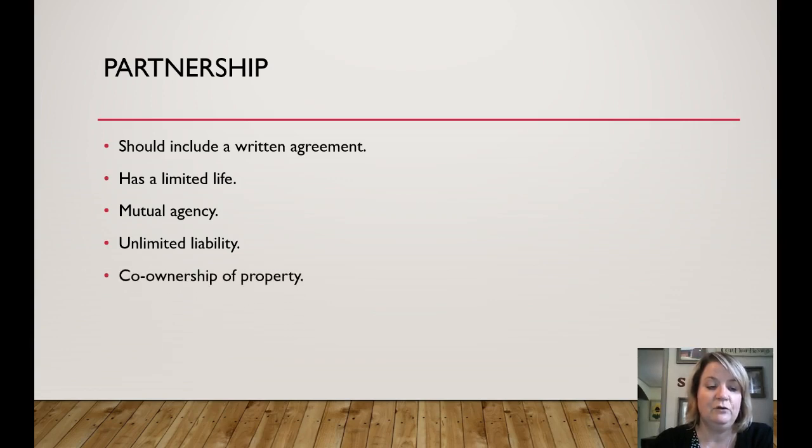They have co-ownership of the property. There is no partnership income tax. Each partner files income tax on their portion of the profits or losses on their individual income tax. There is no income tax on the business itself.